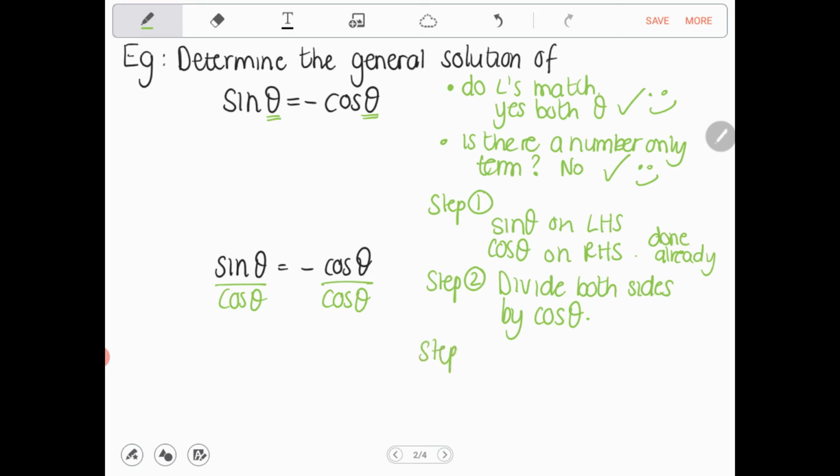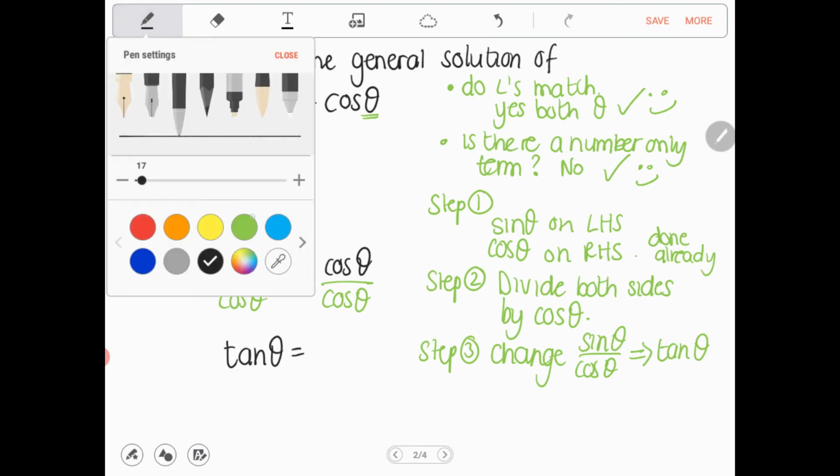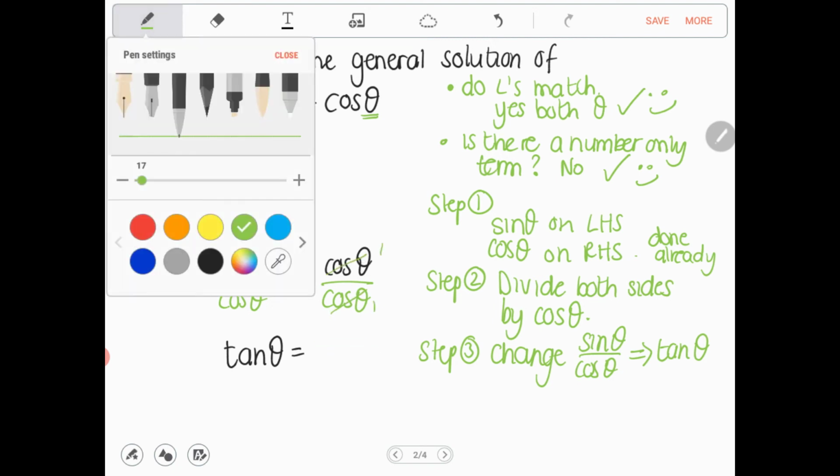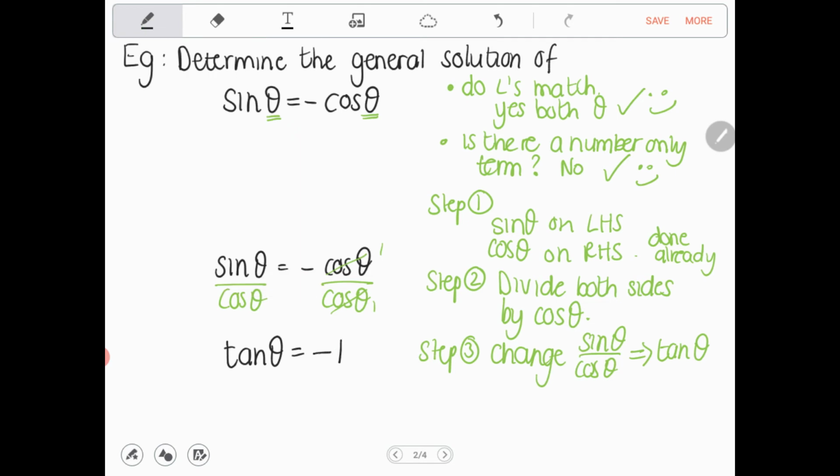So the third step is to change your sine theta over cos theta into tan theta. You have to divide by cos to get sine over cos to change it into tan. So this is going to be tan theta. And on the other side, this will divide into their ones and ones, and you're going to get negative 1 over 1, which is negative 1.